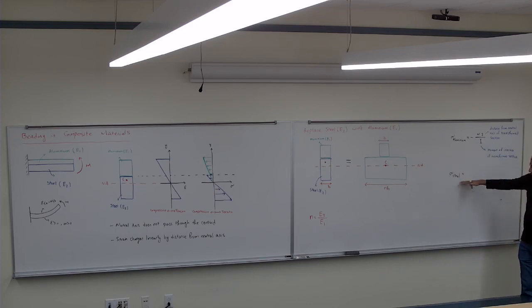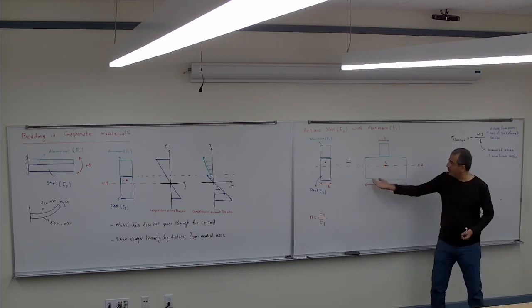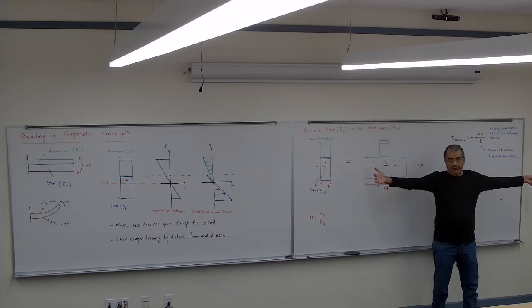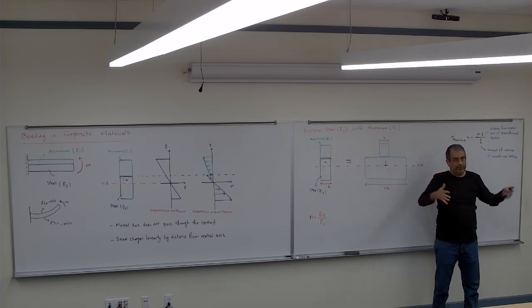Sigma in the part that we messed with, so look at here, the aluminum, we make it n times larger. So the tension in that is gonna be n times smaller. We made the cross section bigger, so the stress is gonna drop because the area increased.